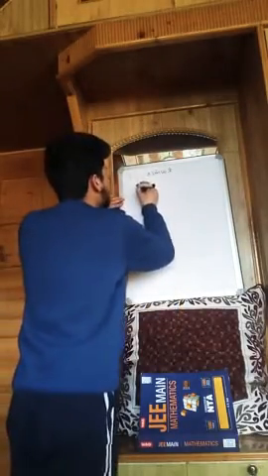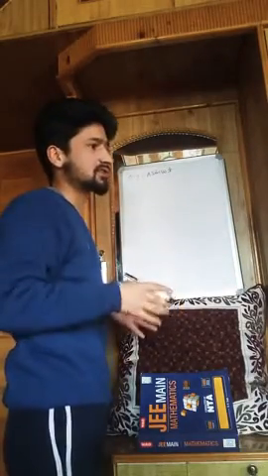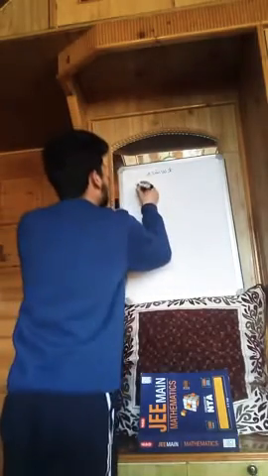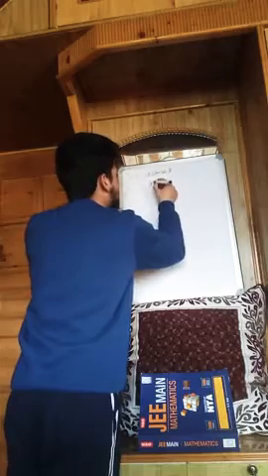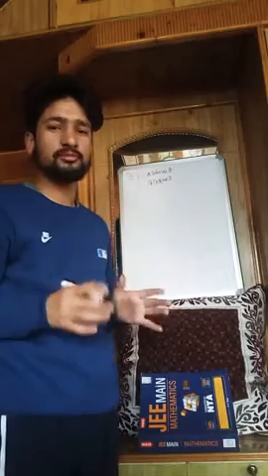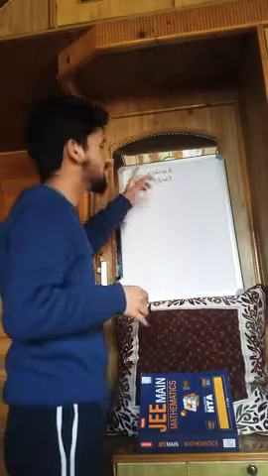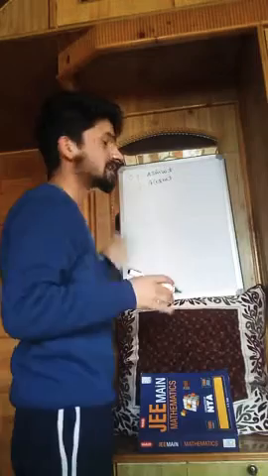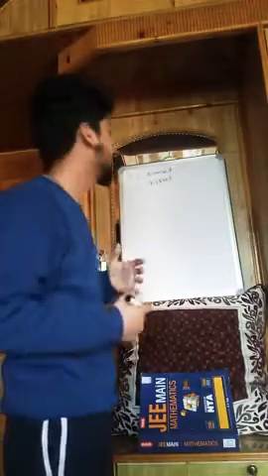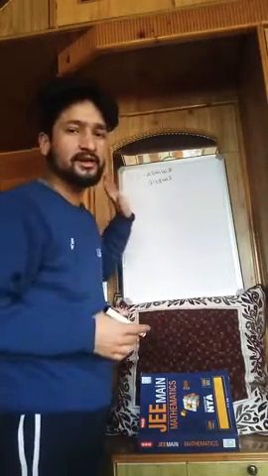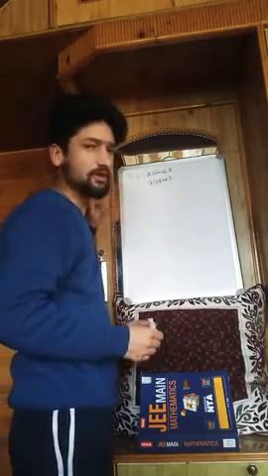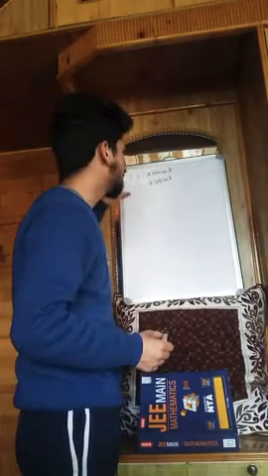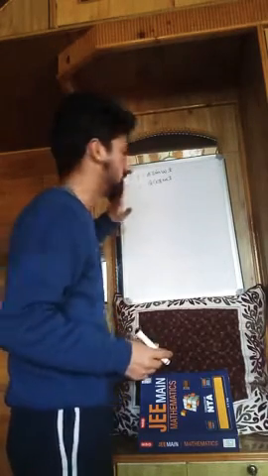If the particle starts its motion from rest, or from the extreme position, then we write y equal to a cos of omega t. So if a particle starts from the mean position, we write y equal to a sine of omega t, and if it starts from the extreme position, we write y equal to a cos of omega t. These are the two equations representing simple harmonic motion, the equations of displacement of a particle executing simple harmonic motion.